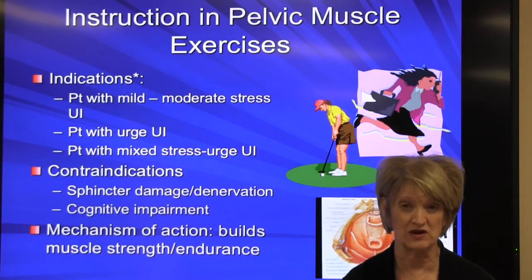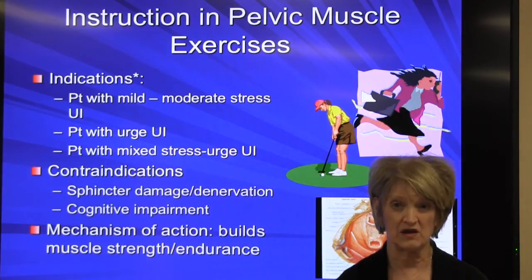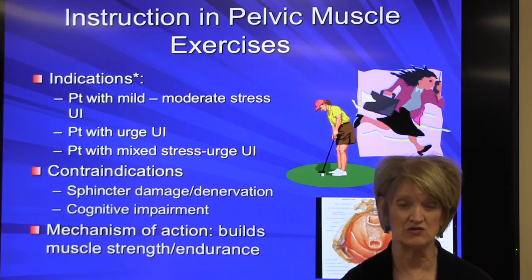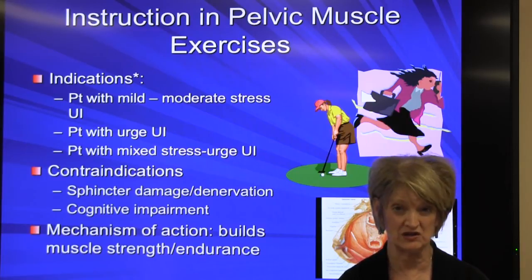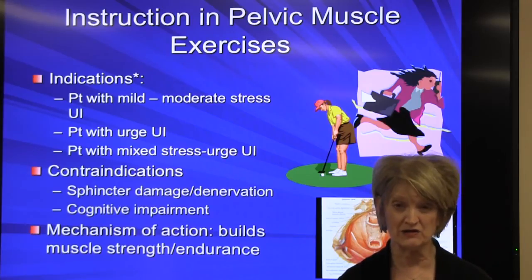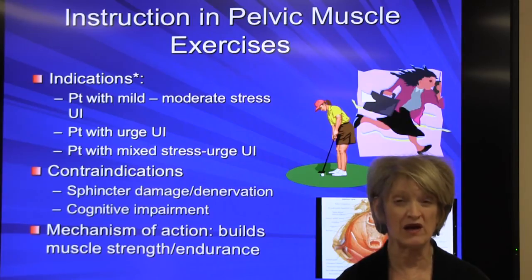You cannot strengthen a severely damaged or denervated muscle. So patients with high volume leakage in response to minimal provocation are not good candidates. Attempting pelvic muscle exercises won't hurt them, but it won't help them, and it will be very frustrating.